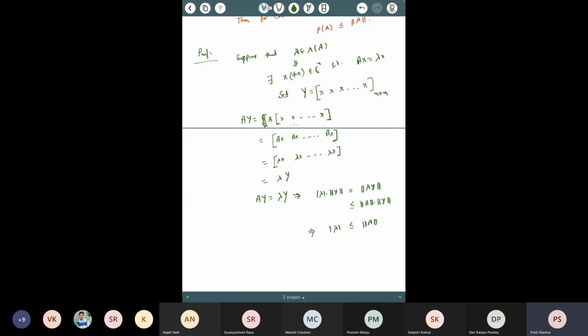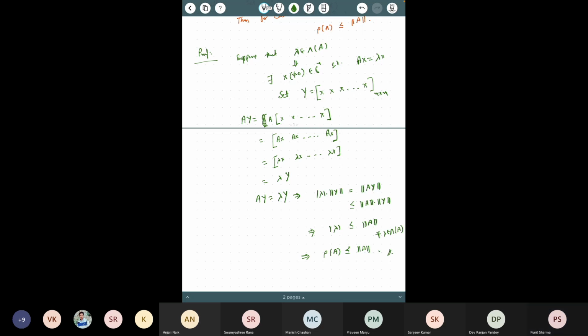And why is this matrix Y non-zero? Because x is non-zero. This is true for all eigenvalues lambda, because we started with an arbitrary eigenvalue lambda. So if this is true for all eigenvalues, then it is also true for the maximum. So that means rho of A is less than or equal to norm A.